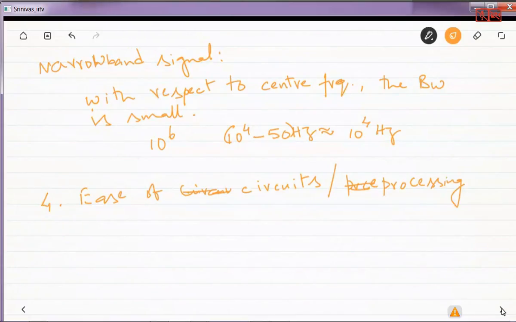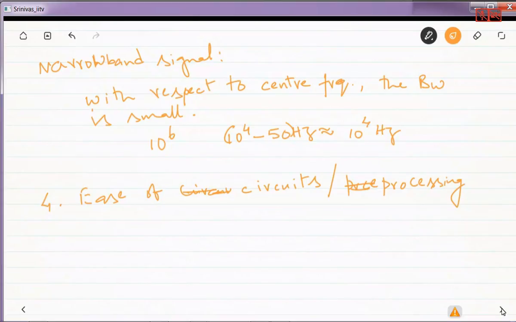So let us see quickly what this is. Say we want to process signals having similar characteristics but occupying widely different frequency ranges, say from 50 Hz to 10 kilohertz, or from 1 megahertz onward.